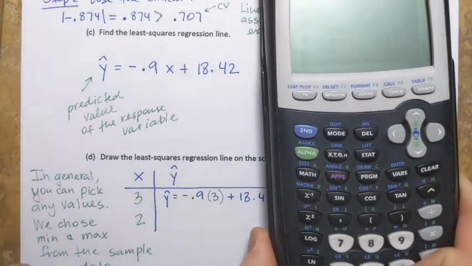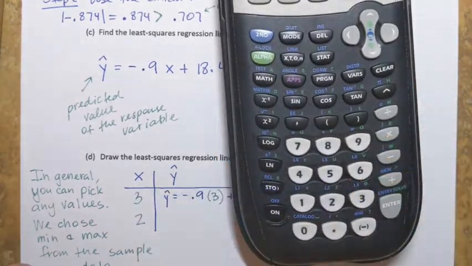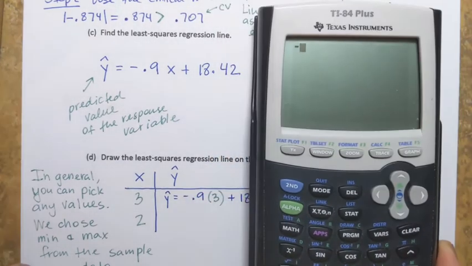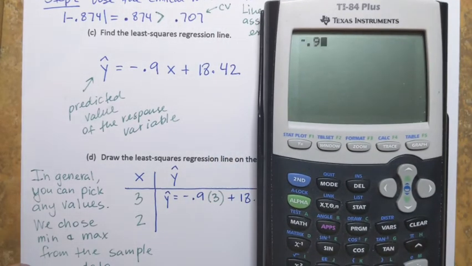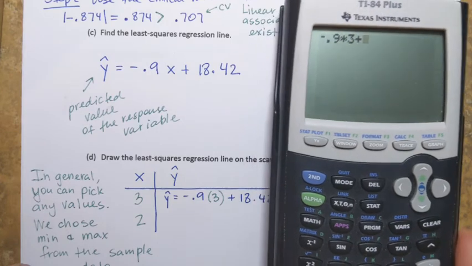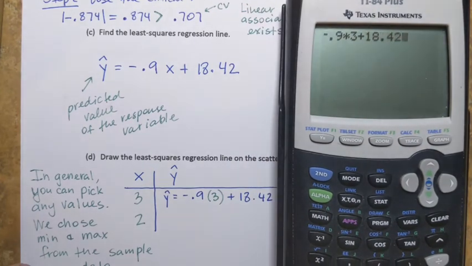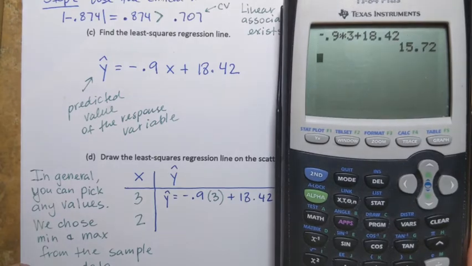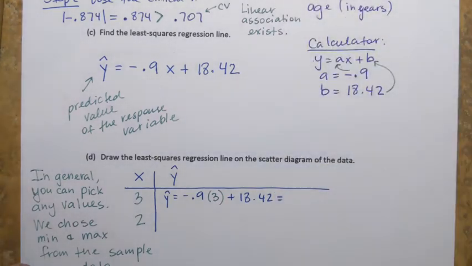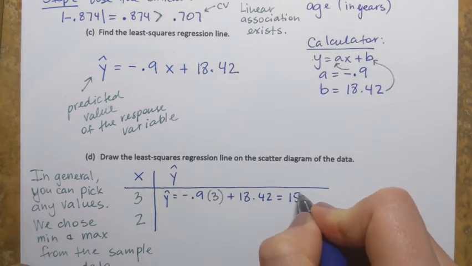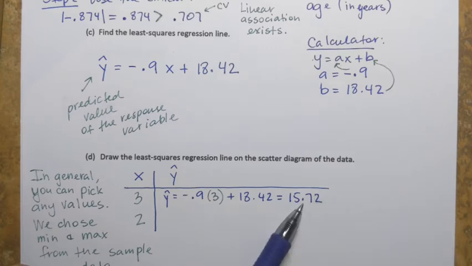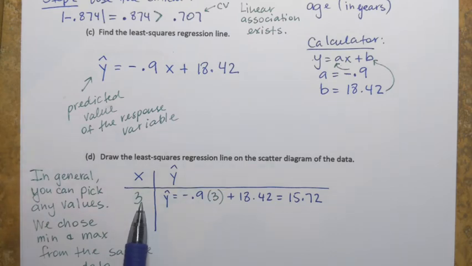Don't forget that when you enter negative numbers, you have to use this button over here for a negative sign. So negative 0.9 times 3 plus 18.42, that's 15.72. That's the value of the response variable y hat that corresponds to the value of the explanatory variable x equals 3.